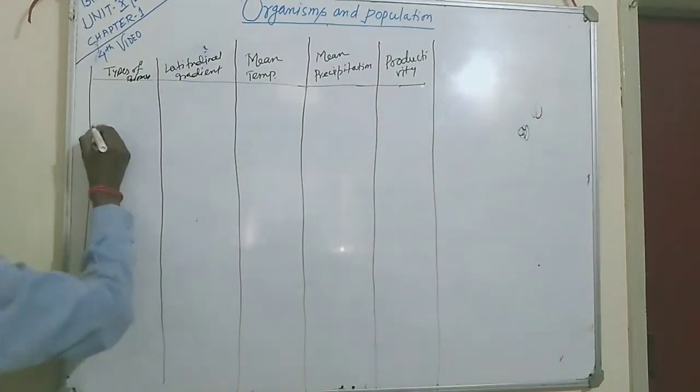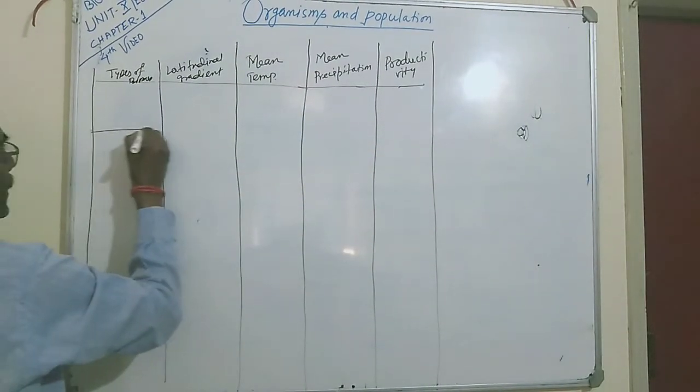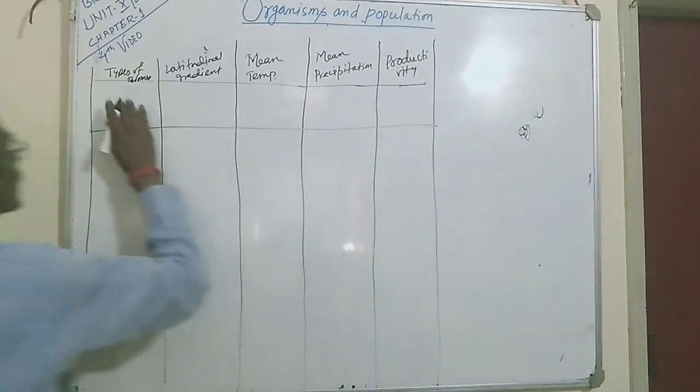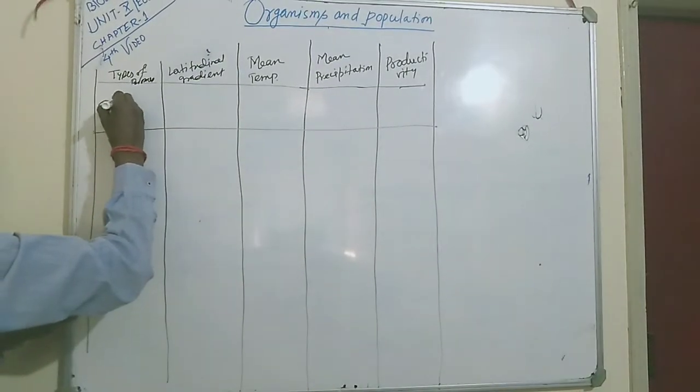So the types of biomes. Number 1, tropical rainforest.